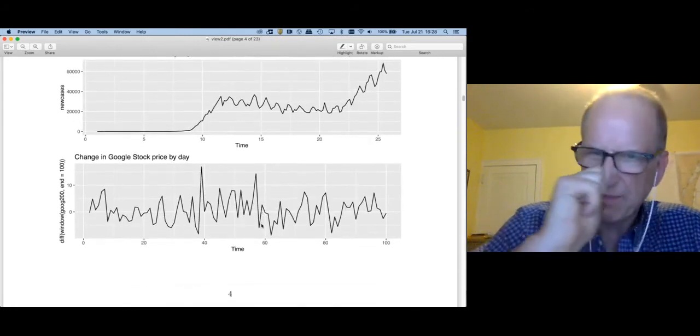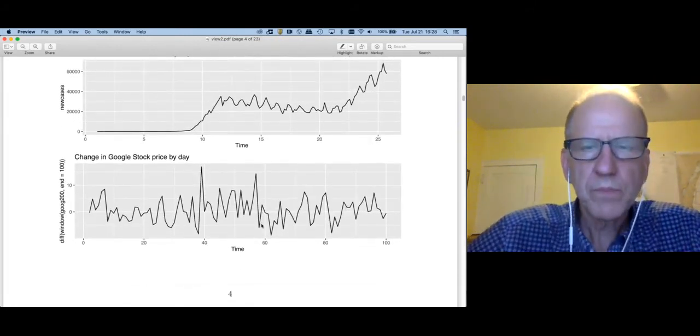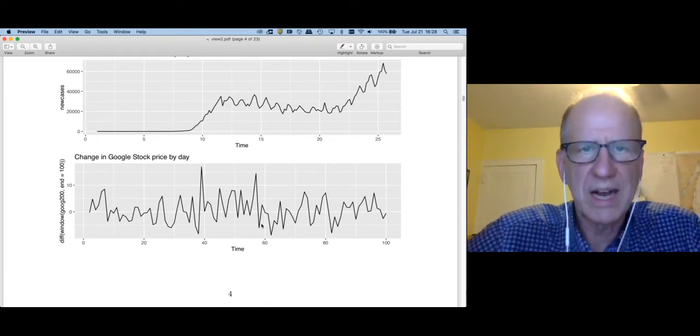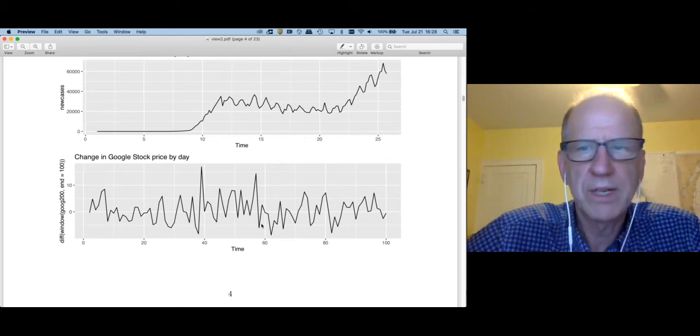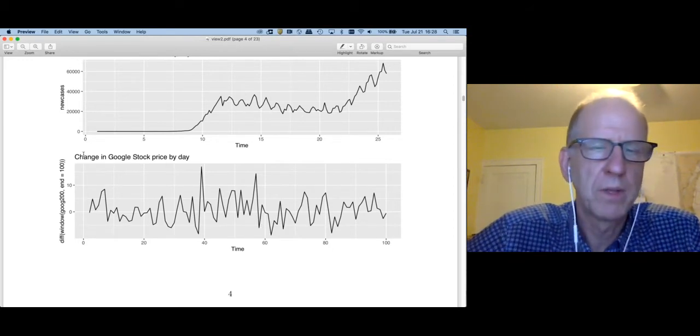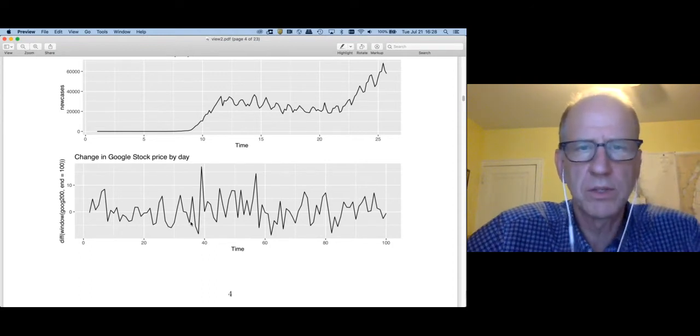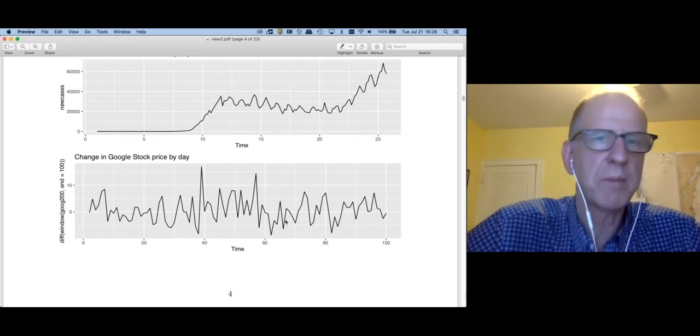Okay, the last example that I want to give is the change in Google stock price over time. So this is how much, did Google's stock price increase or decrease on a given day. And so what I think you'll see here is there's not much of a pattern.